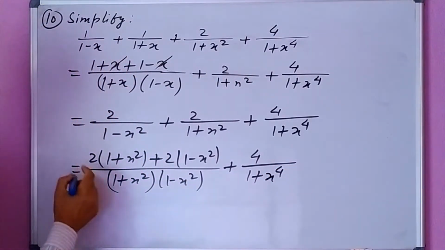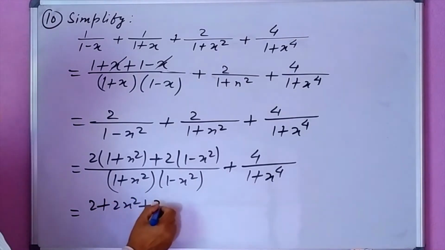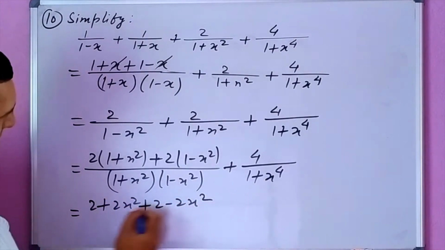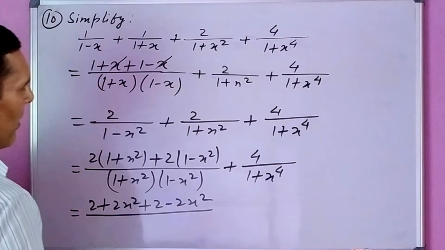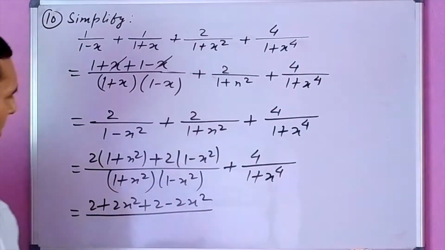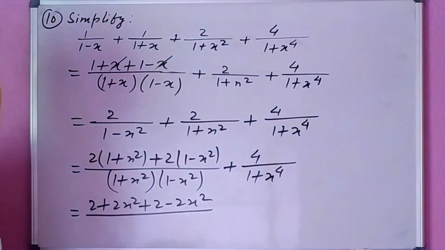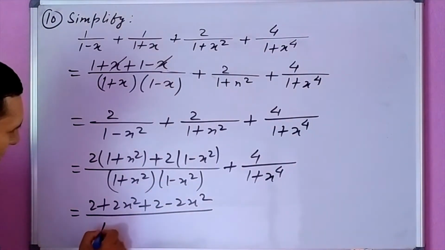Now we open the bracket. 2 plus 2x square plus 2 minus 2x square upon, for this, 1 plus x square times 1 minus x square, it is in the form of a square minus b square: a plus b times a minus b is a square minus b square.